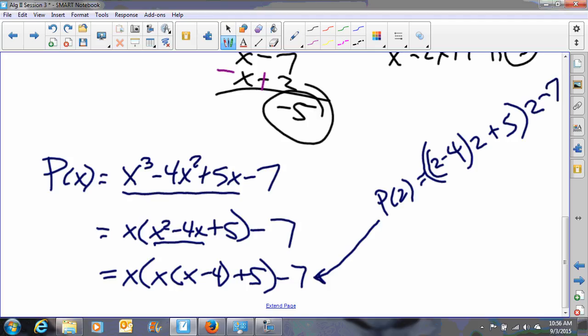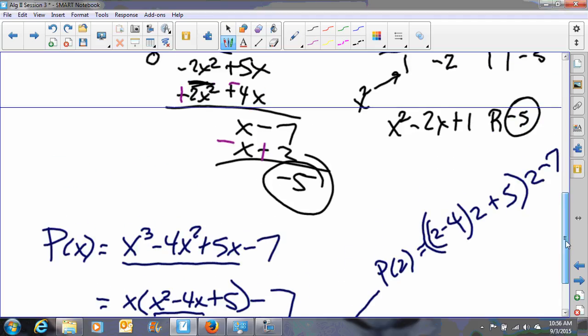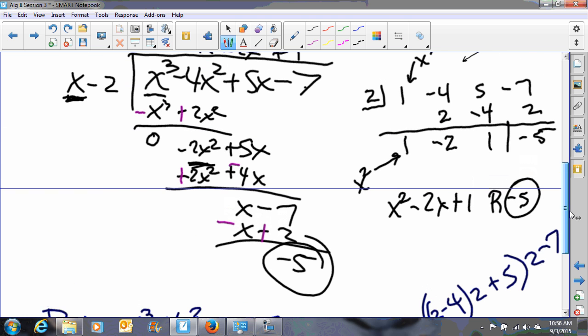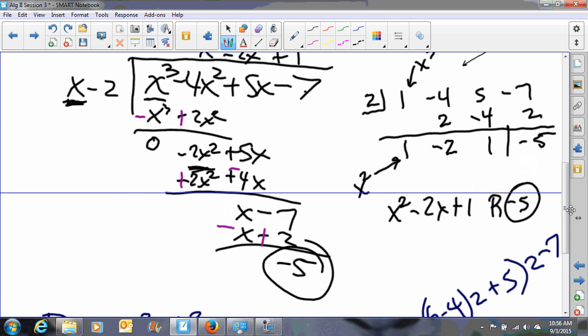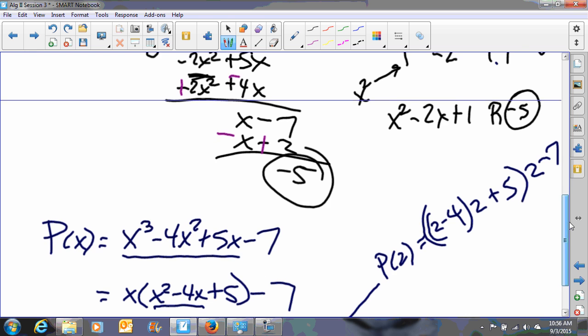Now notice, let's go back up here to the synthetic division, and what did we do? Well, we took 2, and we subtracted 4 to get negative 2, and then we added 5. We multiplied by 2 to get negative 4, then we added 5, and then we multiplied by 2, and then we added negative 7, which is exactly the same thing that we did here.